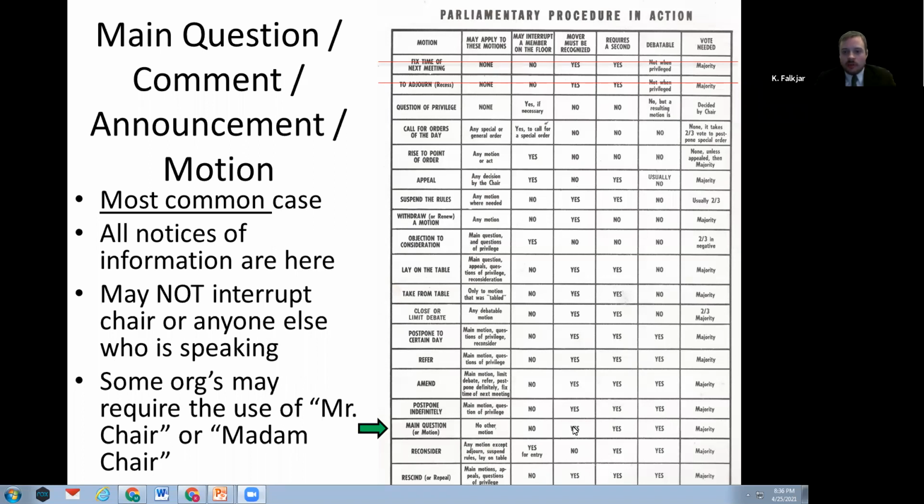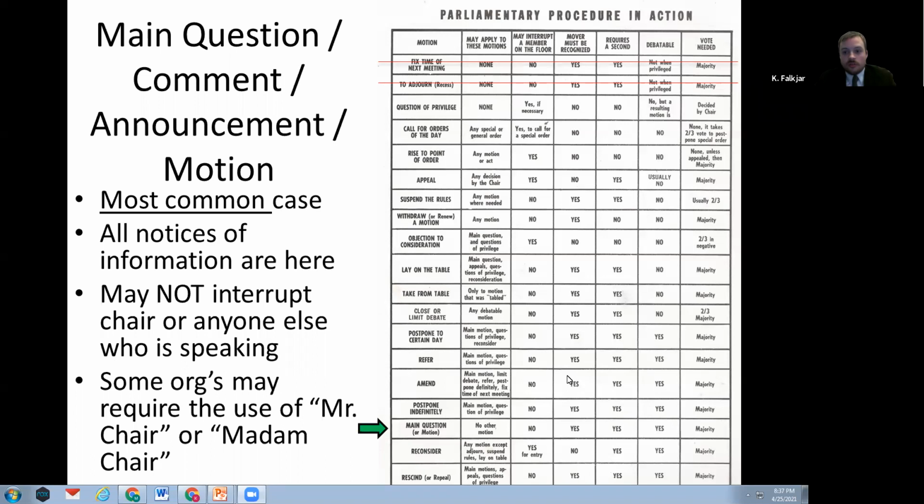At that point, we then ask the sergeant at arms, in avoiding a conflict of interest, to escort the member out of the room while the debate happens. And then any members of the club can state for or against that new member, and then it can be amended.